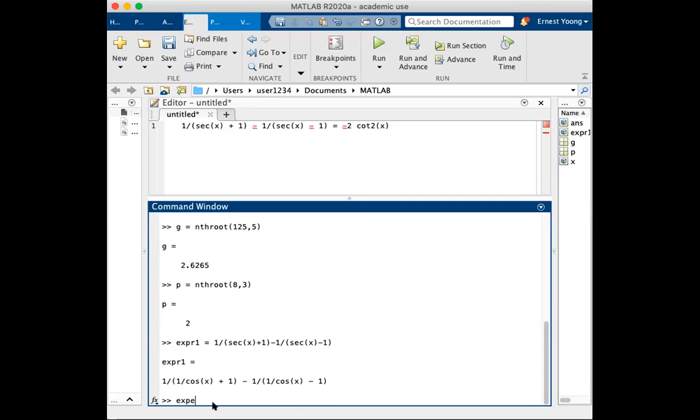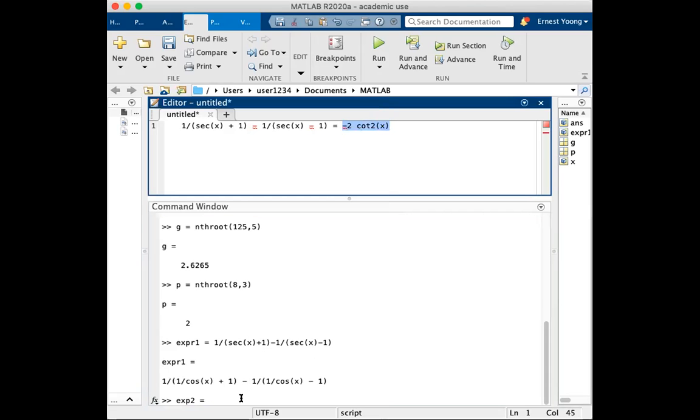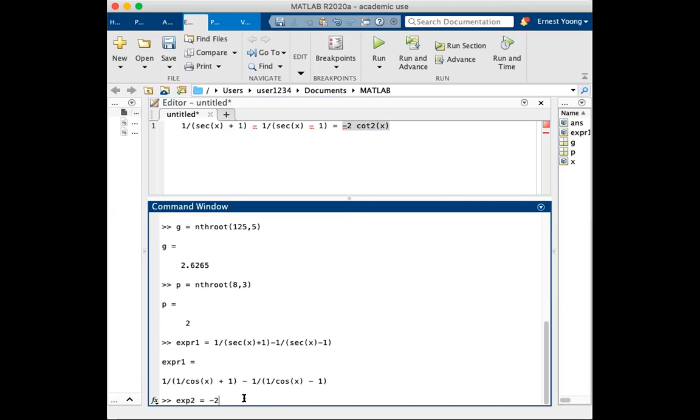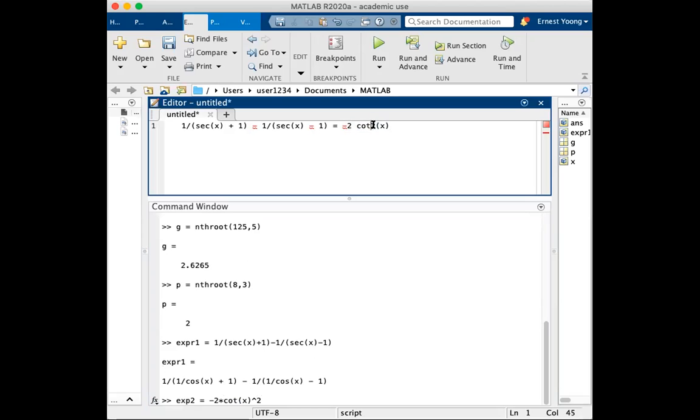And another expression 2 is equal to negative 2 cotangent x to the power of 2.